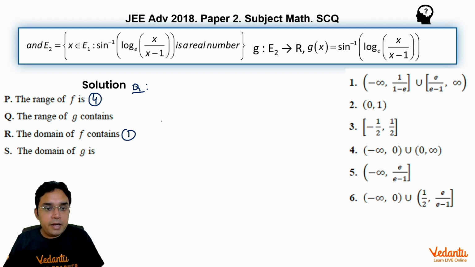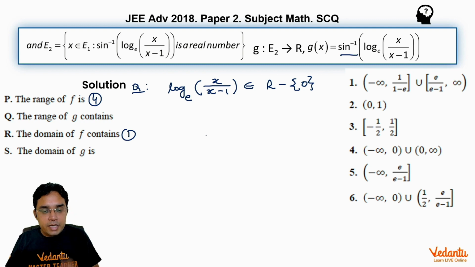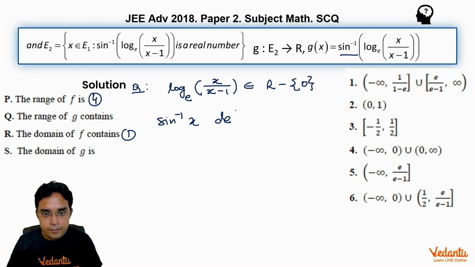Now to find the range of g, let us first understand that we found the range of log x upon x minus 1 base e to be R minus 0. And because the natural domain of sine inverse, we all know sine inverse x is defined only when x belongs to minus 1 comma 1.